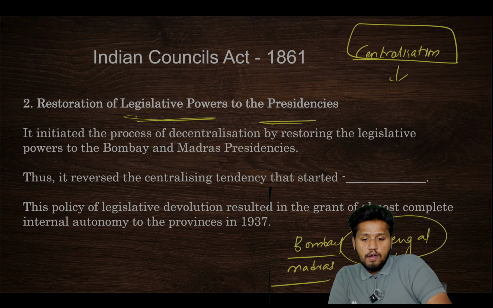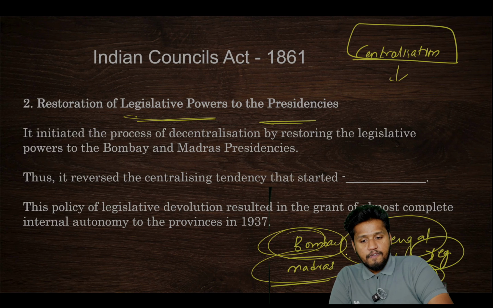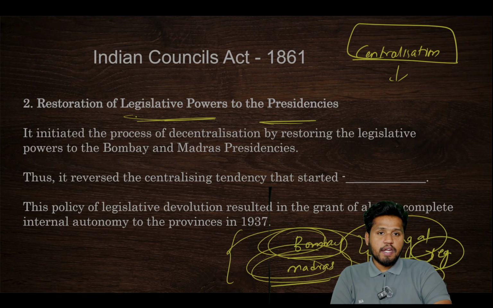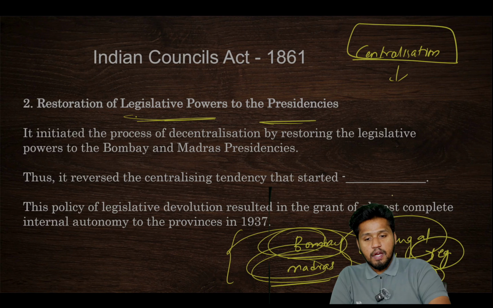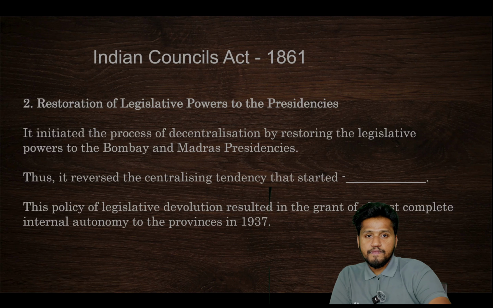The Governor General of India then acted as a legislative head, meaning they could frame the laws and propose them to the Governor General of India. Then the Governor General of India would review them. Either he accepted them or rejected them as a whole.